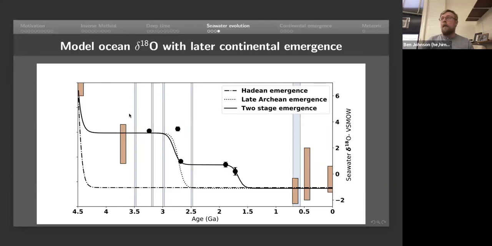For example, depending on your assumptions of what the continental crust is made of, you need something like 35 to 40% of the modern area of emerged crust to drop the seawater value from, say, +3.5 to -1 per mil.